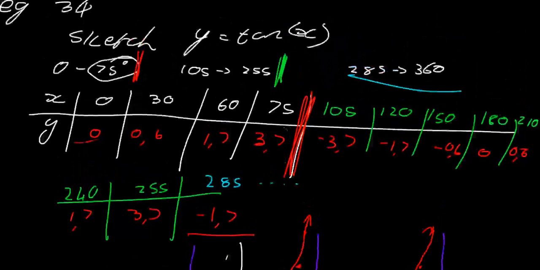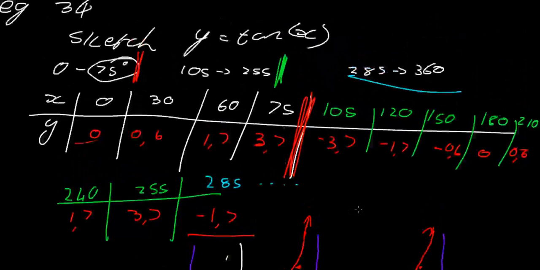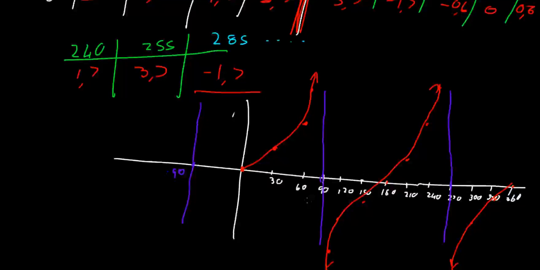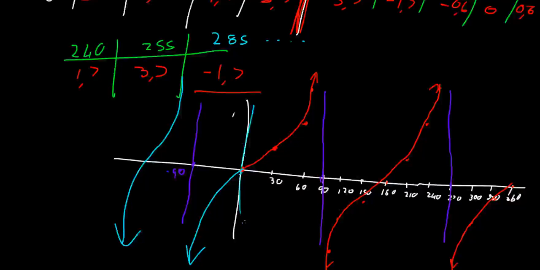And remember they asked us to sketch from 0 to 75, so I just wanted to show you that it carries on here like that, and it does carry on the negative side. It will carry on doing that, but they asked us to plot from here and onwards. Okay, so yeah, that's your tan graph.